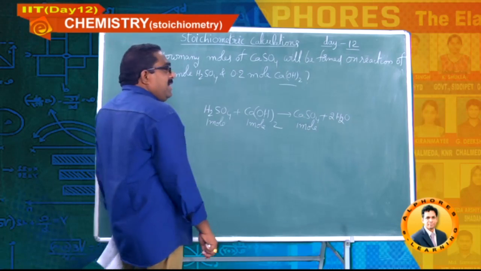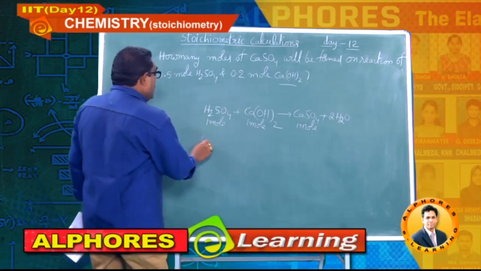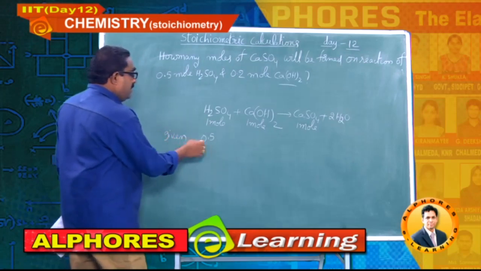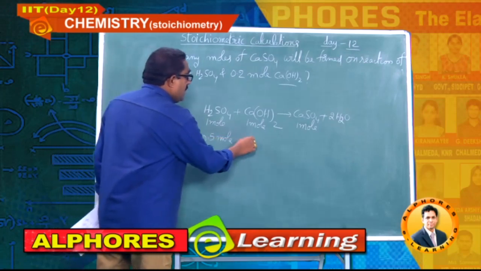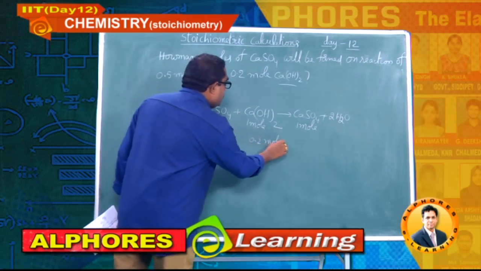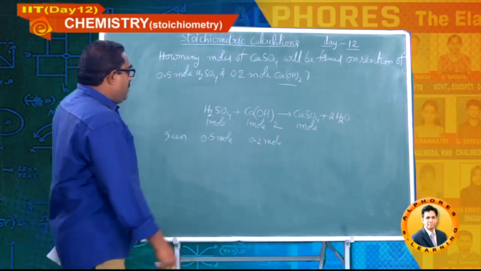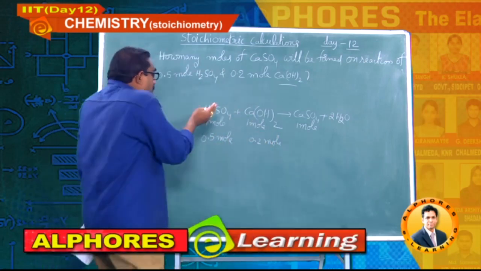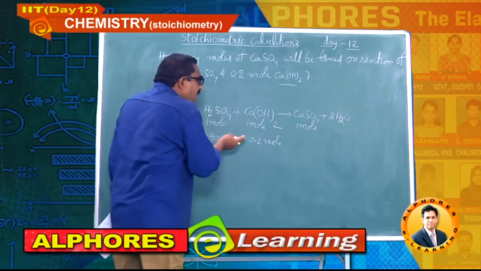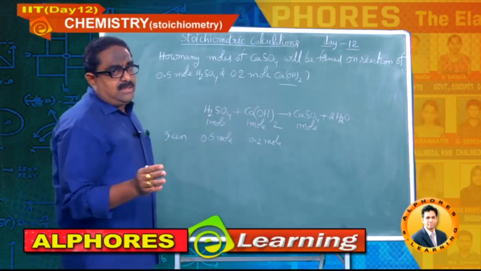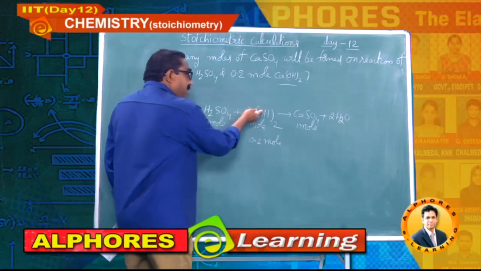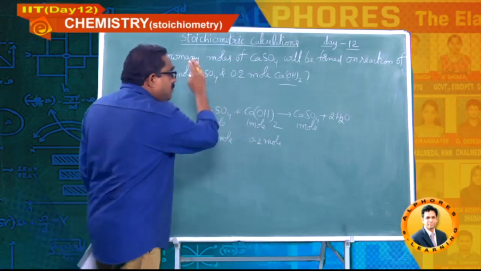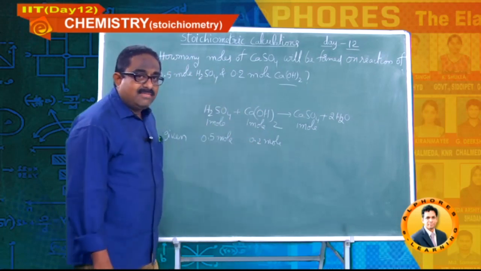Now, this time he has given 0.5 mole and this is 0.2 mole. See, 1 mole can combine only with 1 mole. So, 0.5 mole of sulfuric acid needs 0.5 mole of calcium hydroxide, but that is not given, only 0.2 mole of calcium hydroxide is given.